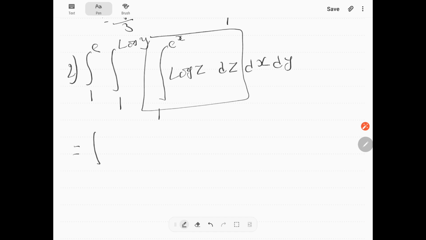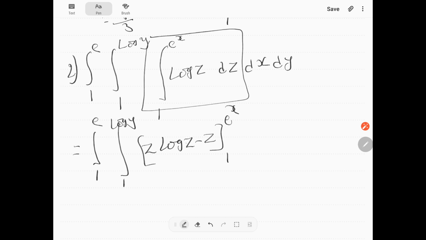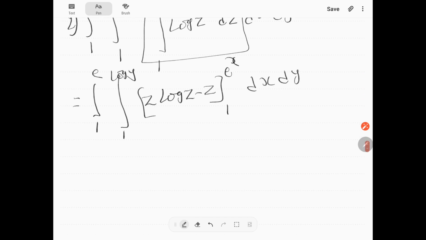So this is integral 1 to e, integral 1 to log y, of z log z minus z, and the limits are 1 to e power x. After substituting these limits, I'll integrate with respect to x and with respect to y.